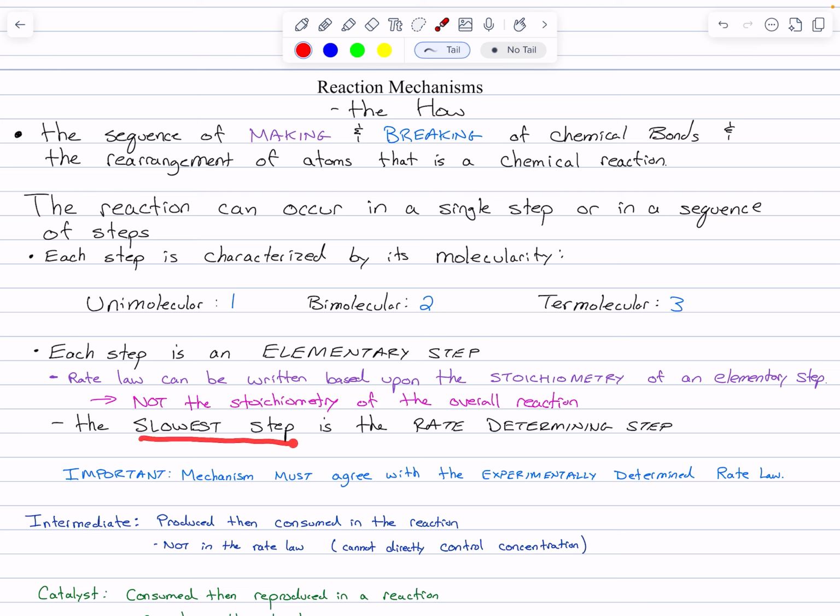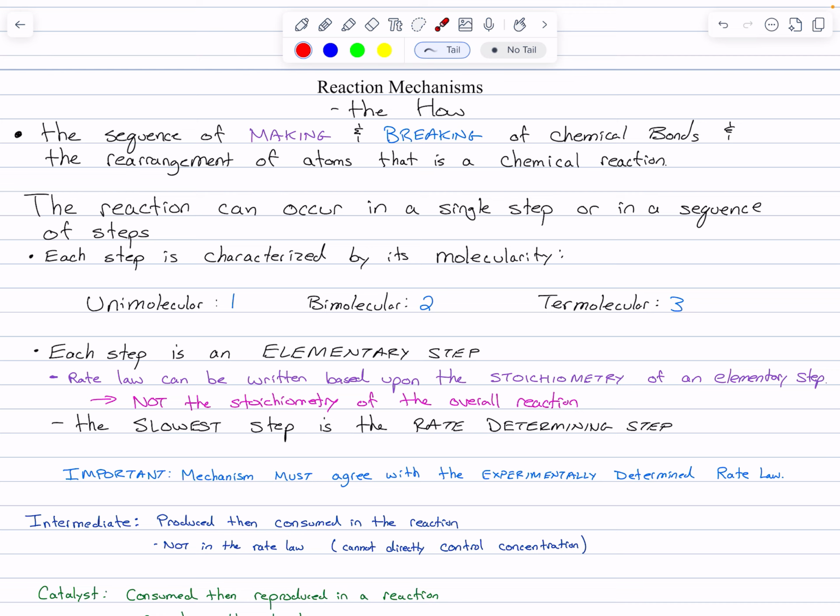Now, the slowest step is the rate determining step. If there was an Olympic team, or even your local university's sprinting team, and each person is going to run 100 meters, that would be the 4x100 meter sprint.